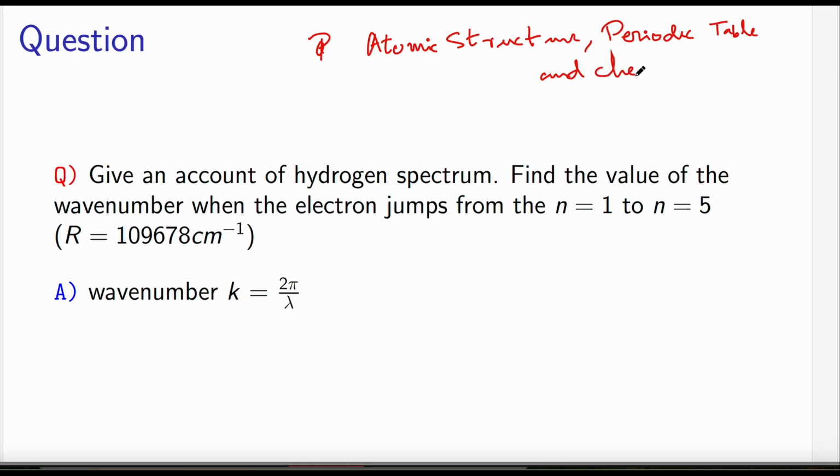This is the name of the paper that we are doing, chemical bonding, or chemical bonds.